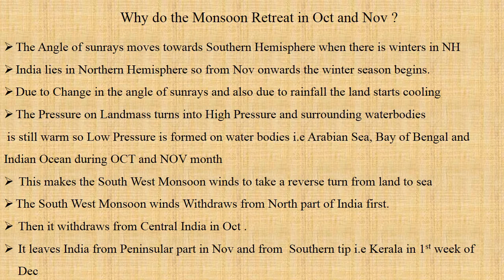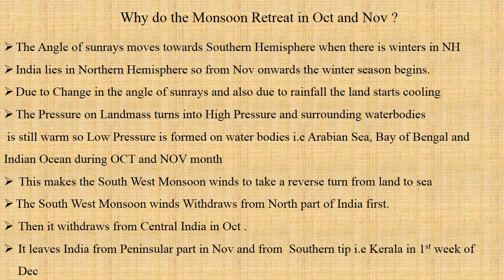The pressure on the landmass turns into high pressure, and the surrounding water bodies are still warm, so low pressure is formed on the water body. Which water bodies do we have? The Arabian Sea, Bay of Bengal and Indian Ocean. This happens in the months of October and November. This makes the southwest monsoon winds take a reverse turn. That means they start moving from land to sea.